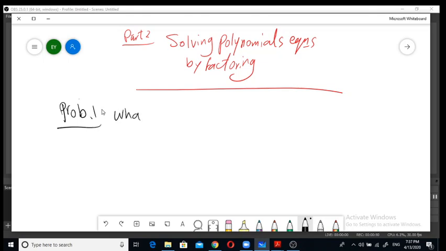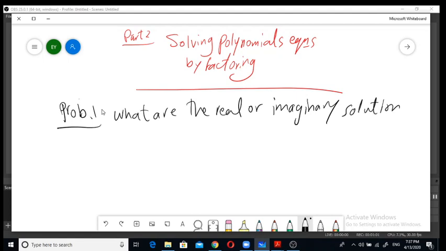What are the real or imaginary solutions of each polynomial equation?